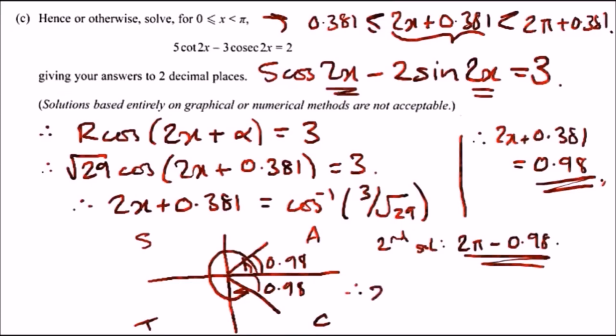So the first value of x should be 0.98 minus 0.381, all divided by 2, which should give us, to 2 decimal places, 0.30 rounded up. And for the second one, we have 2 pi minus 0.98. Now we subtract 0.381 and divide by 2, and we should get 2.46.